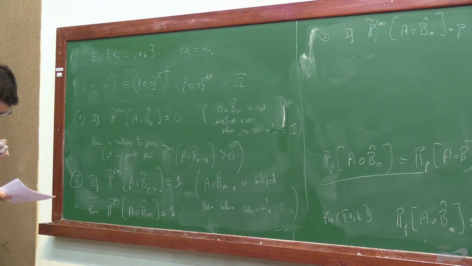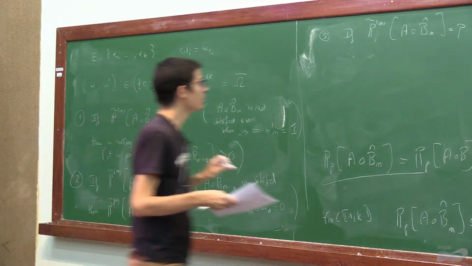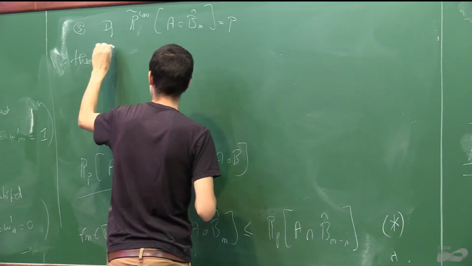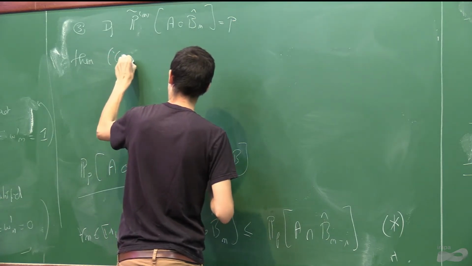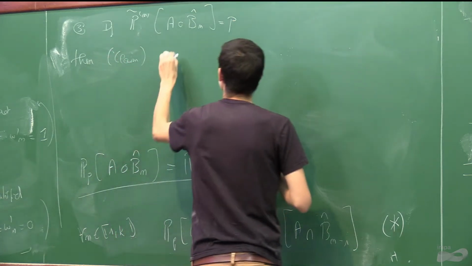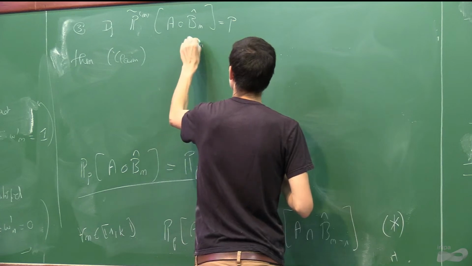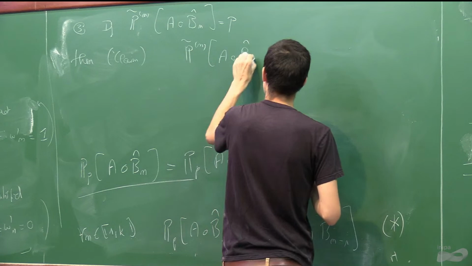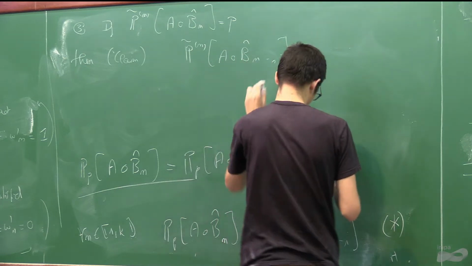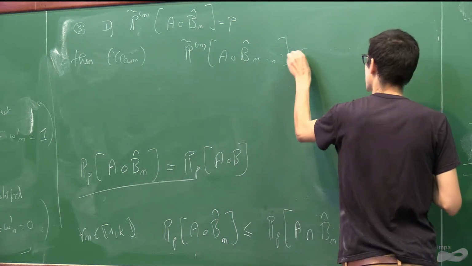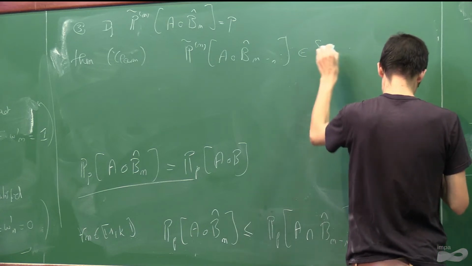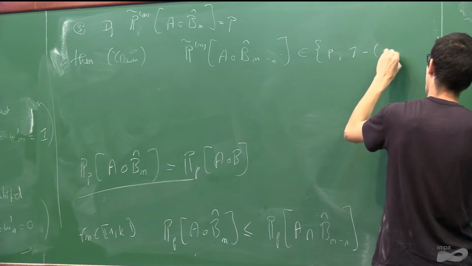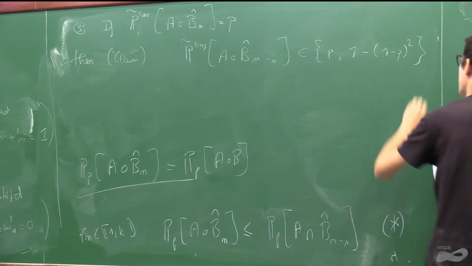And here, what I say is that in that case, I have two possible values for A Bn minus 1. Well, it's either P or 1 minus P squared.